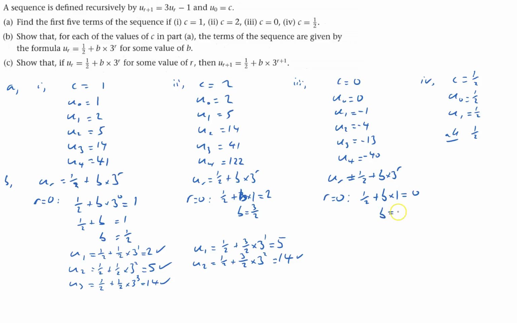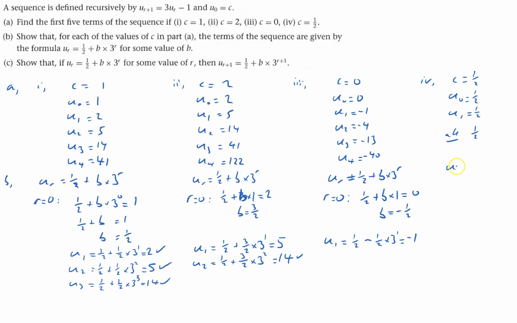And so b equals negative a half. Just check that. U1 equals a half minus a half times 3 to the power of 1. So that's a half minus 1.5, which is minus 1, etc.